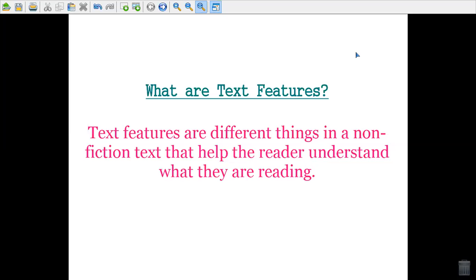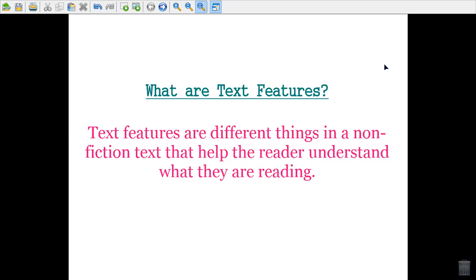Right now, you need to have your reading notebook in front of you, open to the table of contents. And remember, Miss Owens may talk a lot in here, but just be sure to pause the video whenever you need to write something down, okay?